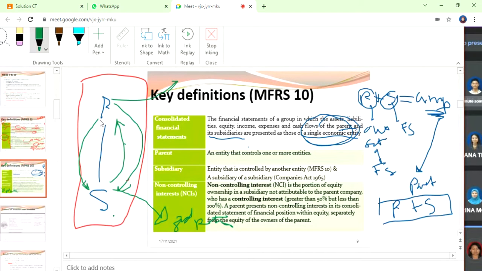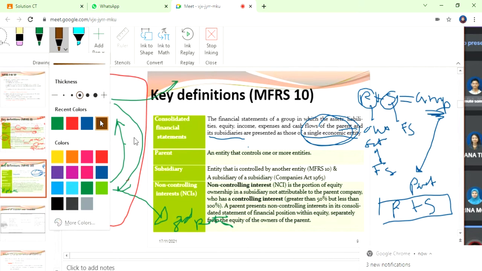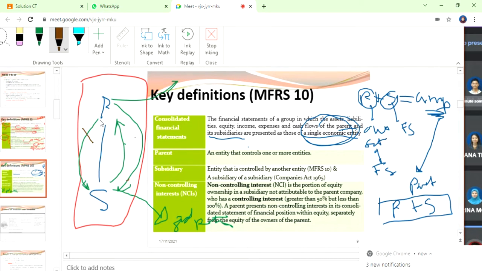So when it comes to group accounts, you'll see that the two entities are treated as one single entity. Nah, in this box, it is considered as one single entity. So what does this mean? It means if there is any transaction going on between them, you have to do cancellation. You have to remove it from the account, you have to minus.